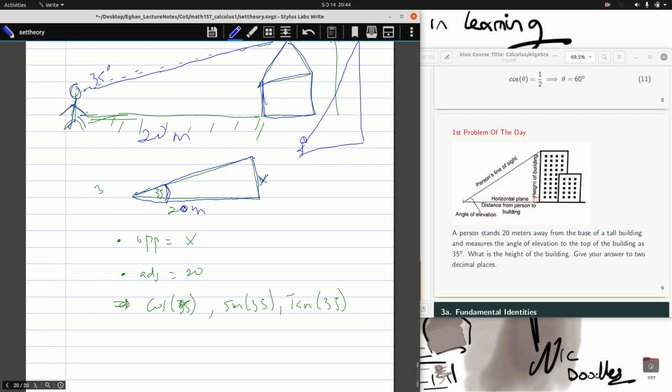So what information do we have? Is the blue confusing? Let me use red. This is pointing here, so I have the opposite of the angle given. Do I have a hypotenuse? No, but I have the adjacent given as 20 meters.